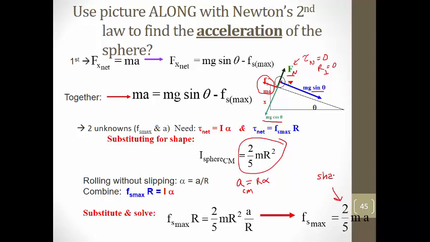That's where the 2/5 comes from, because it was a sphere, and the mass times the acceleration. So it ends up that my radii cancel, and so my force is based on the shape and the mass and the acceleration of my system, but not on the size of it.